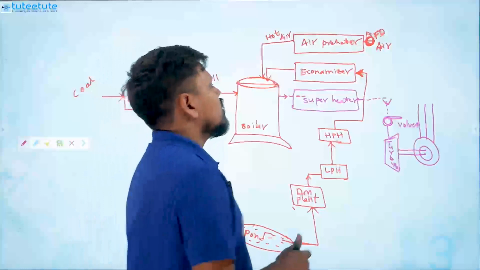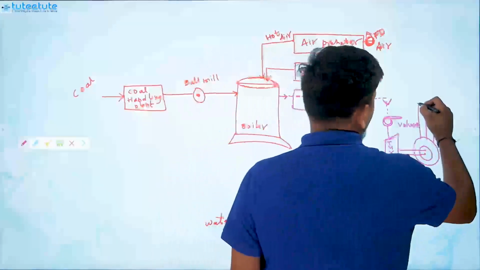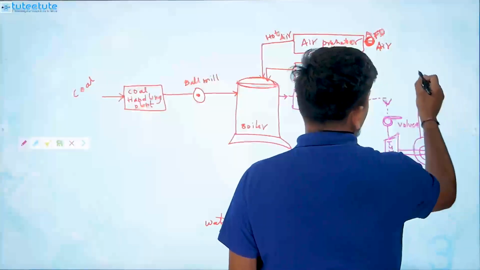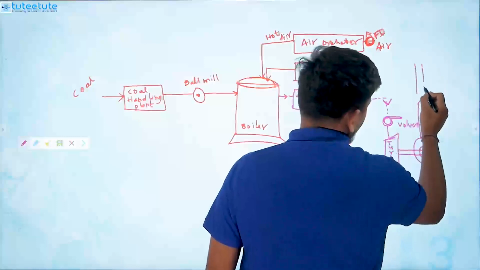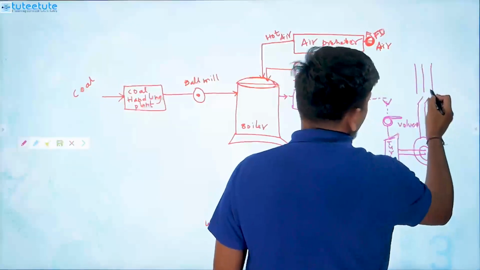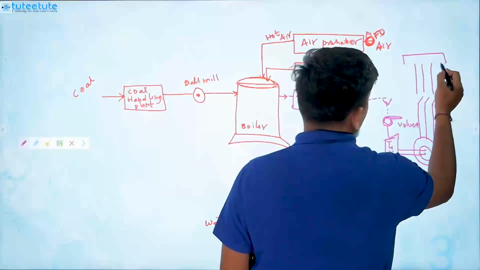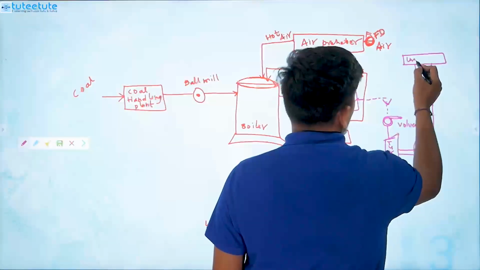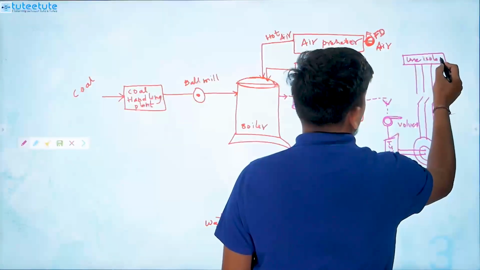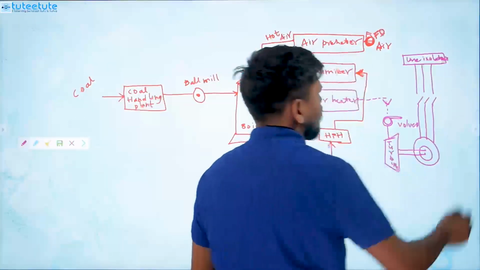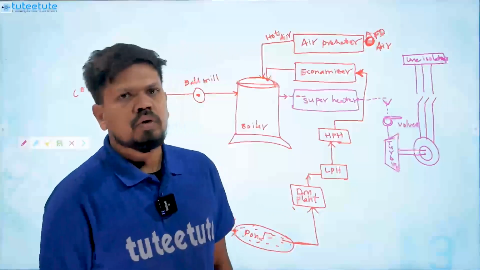Anyway, here once you have generated three-phase power, we have to use some circuit breakers, right? Always we have to protect our system. So not only circuit breakers, we have to use line isolators also. I will tell you what these line isolators are. In power systems we will study this.